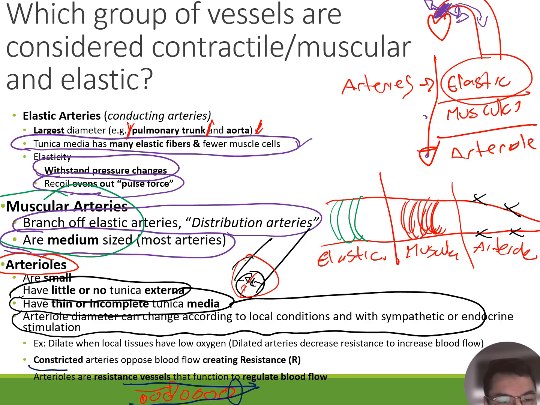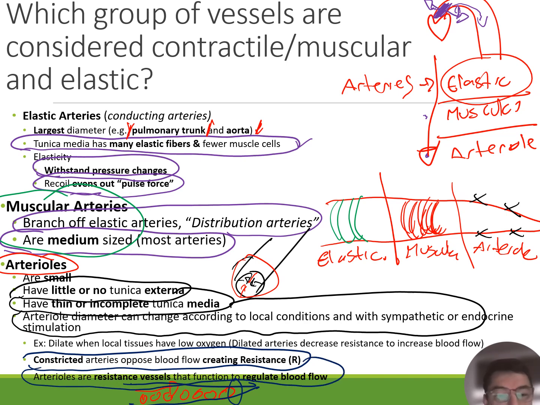So these constricted arteries oppose blood flow, creating resistance. Arterioles are resistance vessels and they regulate blood flow. If you back this up right here at the end, it's going to back everything up. That is what we call afterload, and it is usually referred to as total peripheral resistance.